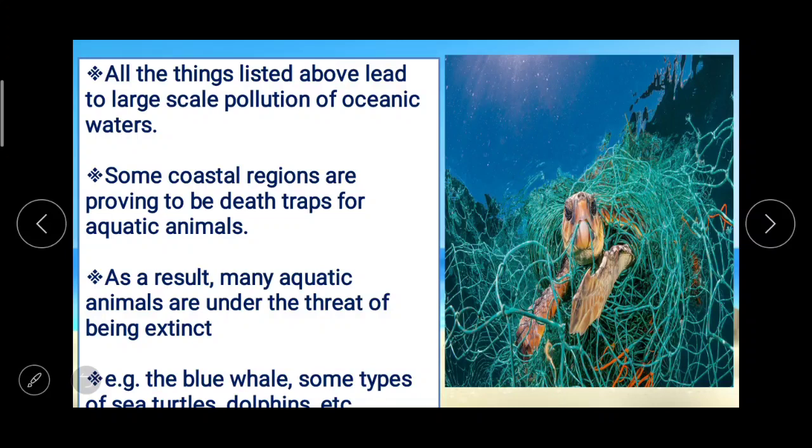So this was all about the importance of ocean. Now if we talk about the importance of ocean, one more thing which we have to consider is that in future it will be possible to generate electricity with the help of oceanic waves and tides, and it is possible to convert the saline ocean water into potable drinking water, which will reduce the scarcity of drinking water to some extent.